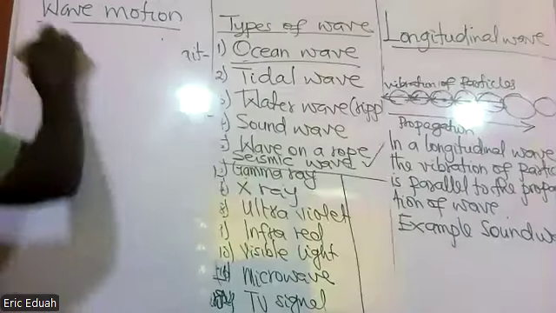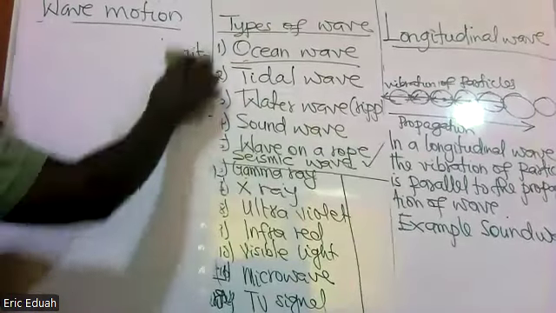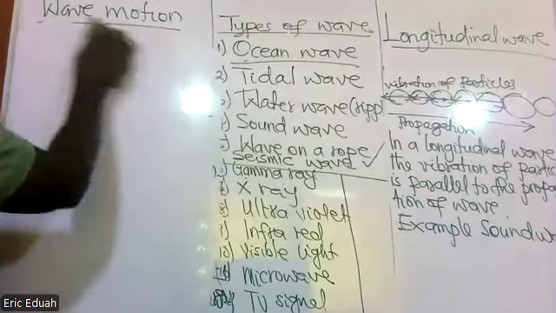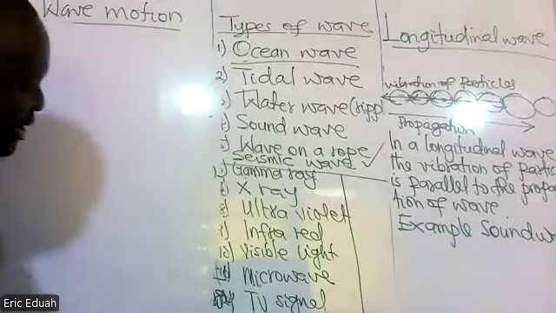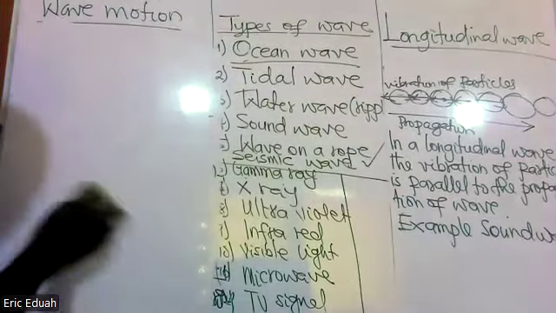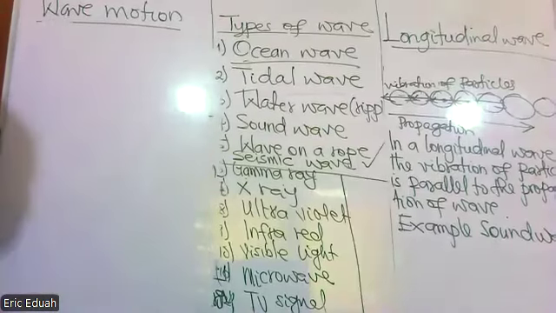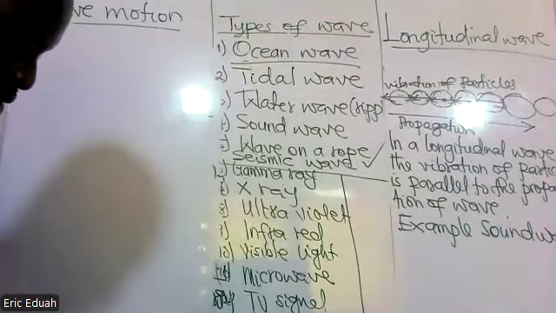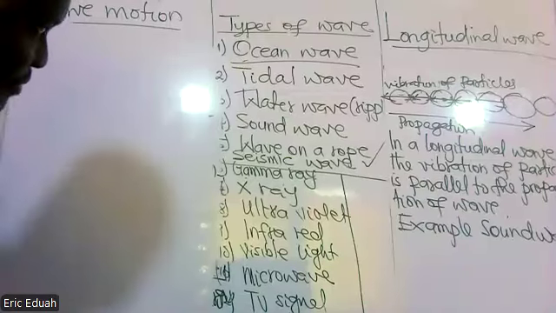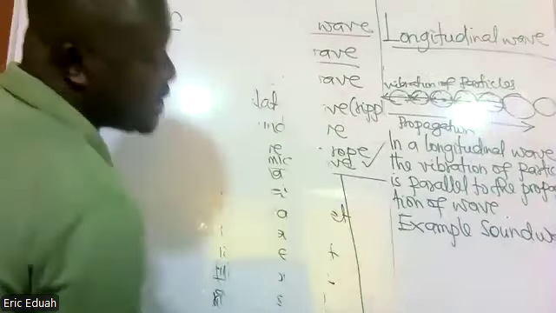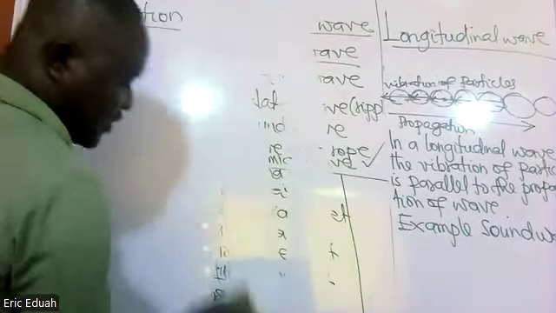Please, isn't the tidal wave the same as the ocean wave? No, we have the tides. How the tides are formed is different from the wave you see on the surface of the ocean.